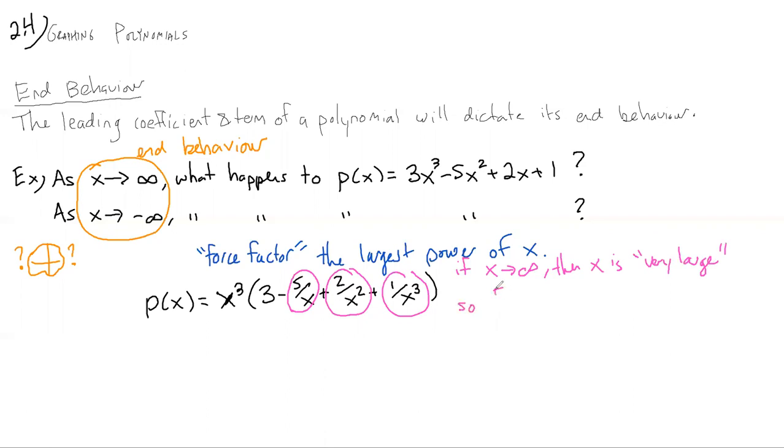So 5 over x is 5 over a large number. And so if we divide 5 into 1,000,000 pieces, those pieces are very small. And so if that's very, very small, we can say that it's basically close to 0.